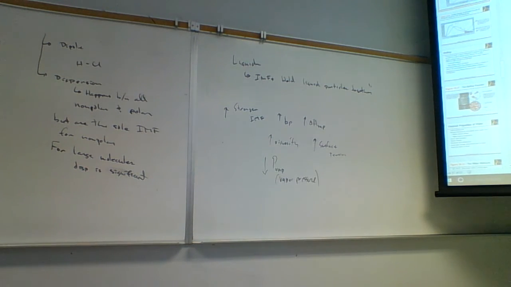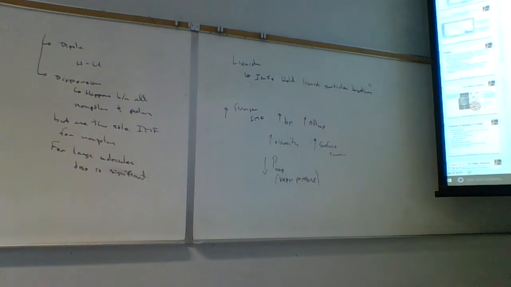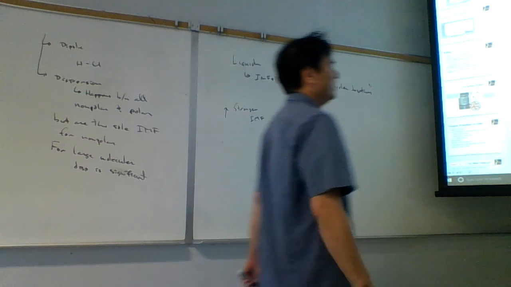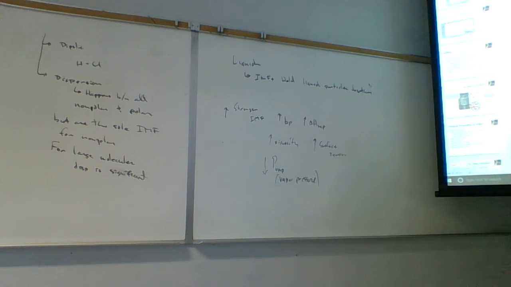Let's just look at these three here right now. These are the vapor pressures. This is very weird because the higher the vapor pressure... which one of these has the highest vapor pressure? Diethyl ether, ethanol, or water?